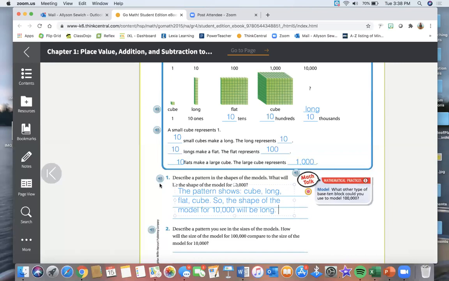And what I like to think of it as is small cube, large cube, small long, and large long. Okay, that's what I like to think of it as. So just a bigger version of the cube and the long. So I'm going to give you guys a second to write that.